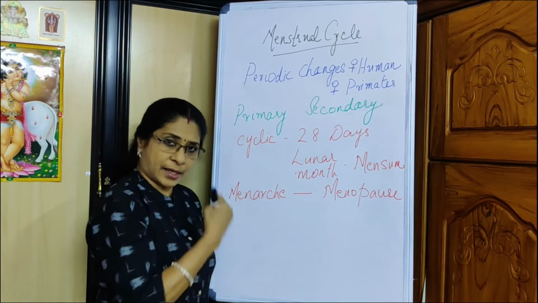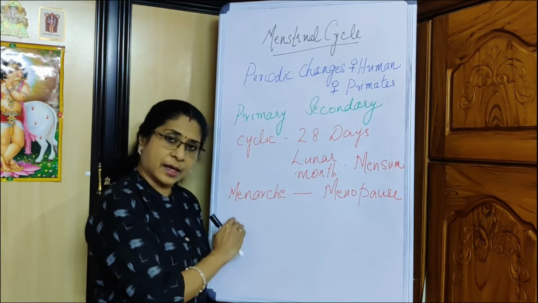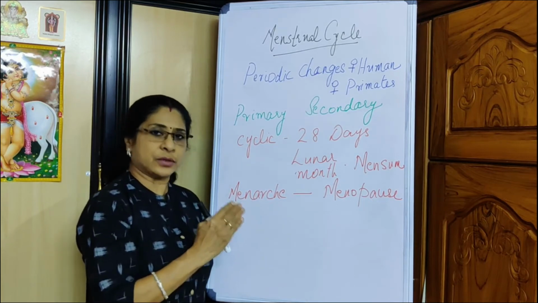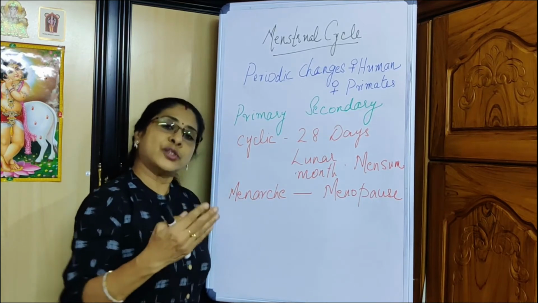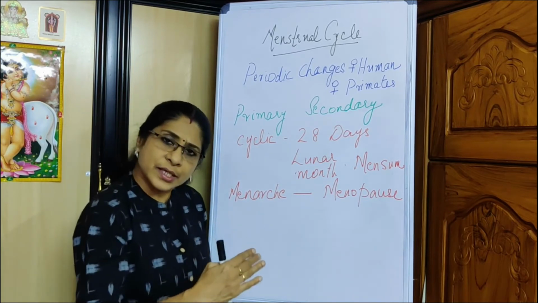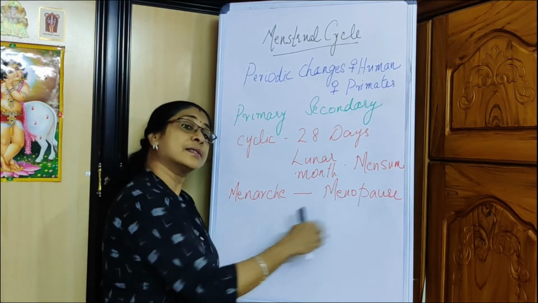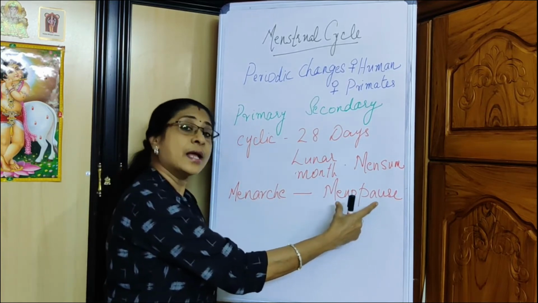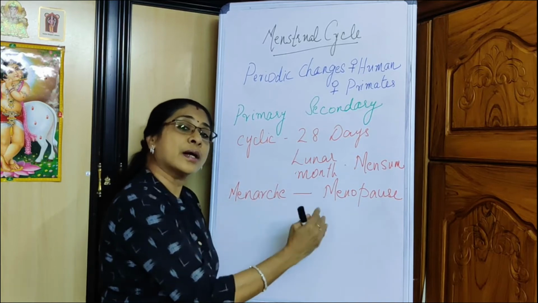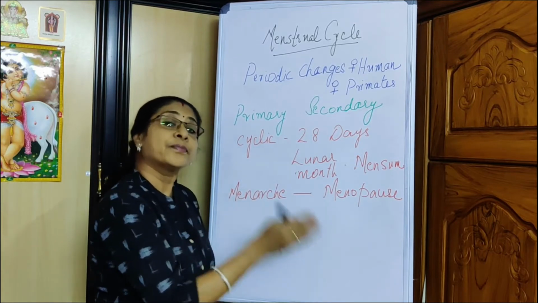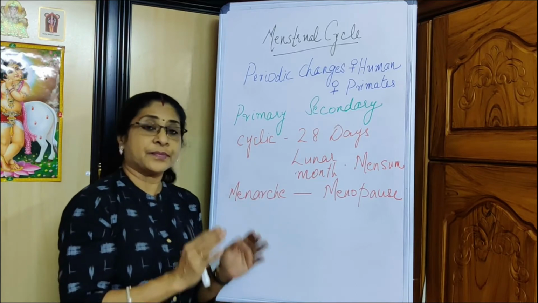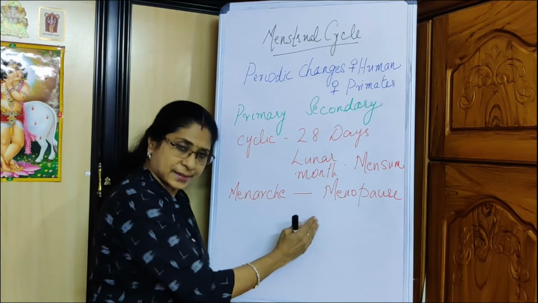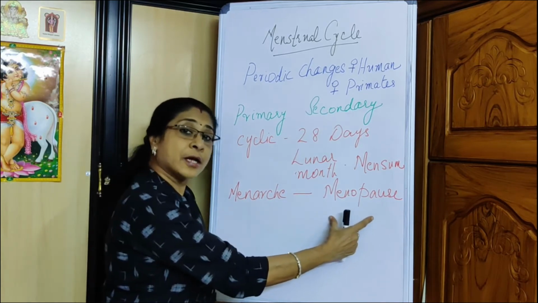So the menstrual cycle begins from menarche, and it is repeated from that particular age of 12 or 13 regularly for 28 days. Periodic changes are observed and the cycle keeps repeating till the female attains the age of around 50 to 55, when there is a sudden cessation. The sudden cessation or stopping of the menstrual cycle is called the menopause.